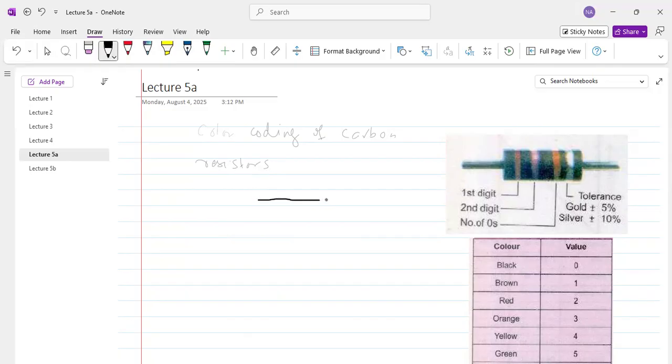Actually, any carbon resistor is made in the form of a cylinder, and in order to fix the value of resistance, bands of different colors have been made on each resistor.